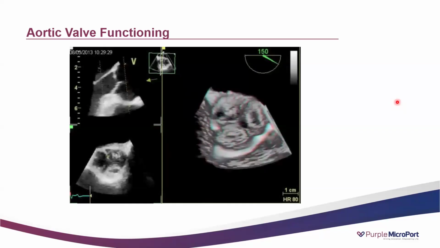The contraction and expansion will be seen on a 3D echo. This is how the aortic valve will look in cross section. Any doubt in this? Three cusps, three leaflets, opening and closing, separated by the commissures. Any doubt in this? Because this is very important. Unless you understand this, you will not understand the next step. So let me know, and then I'll go to the next slide.